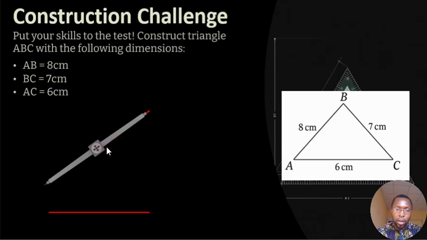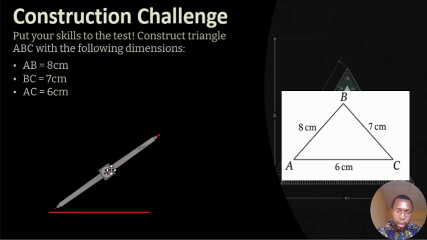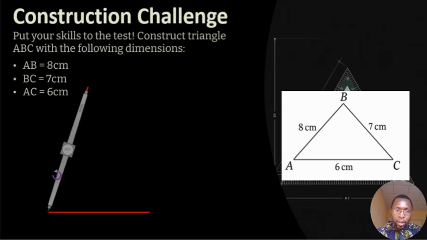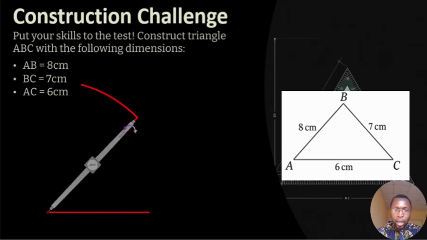Then I can rotate it over the line a little. Having done that, I will now make an arc with the compass like this.